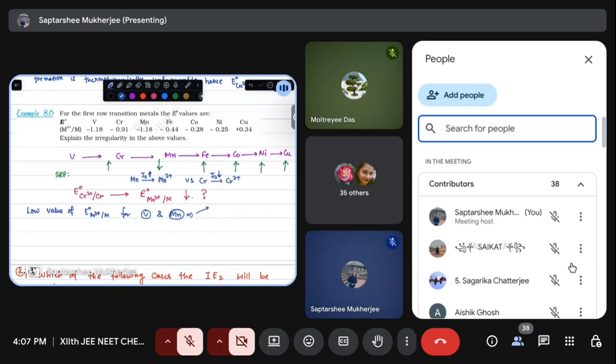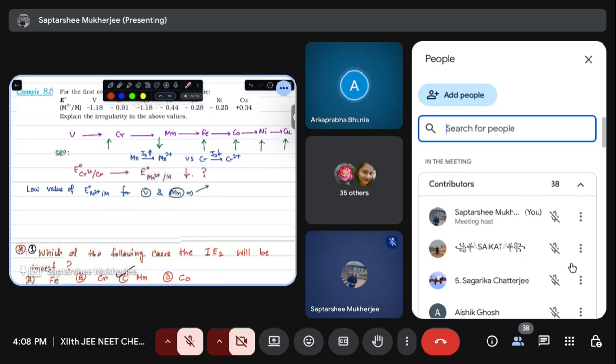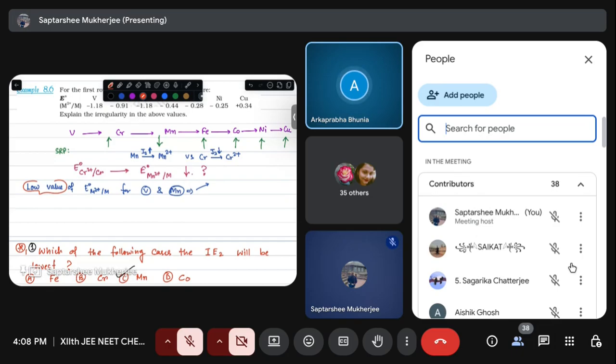Low value of this means what? It wants to form the M2 plus or it does not want to form the M2 plus? What does a low value of SRP mean? That means M to M2 plus is favorable. Now why is that happening?